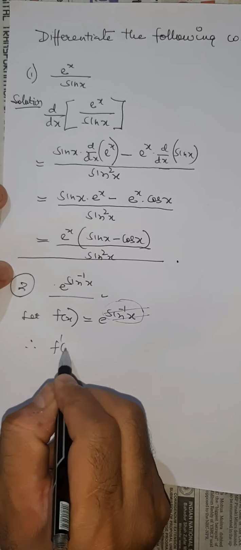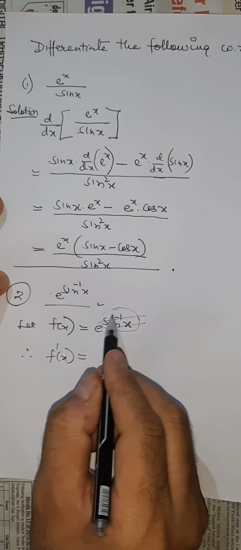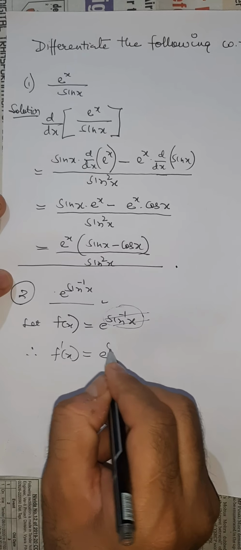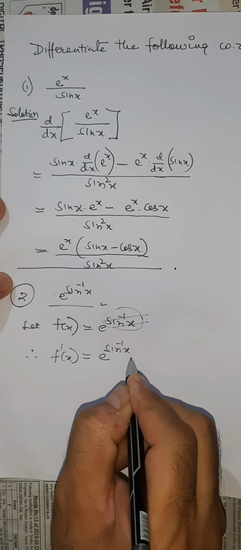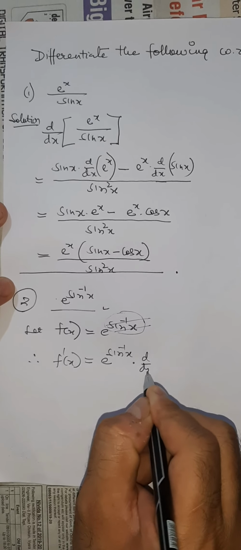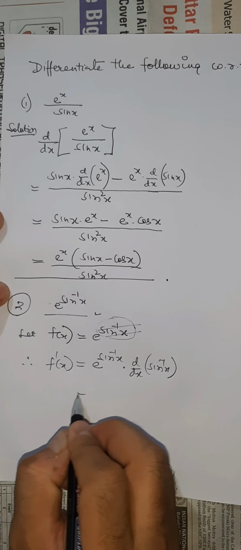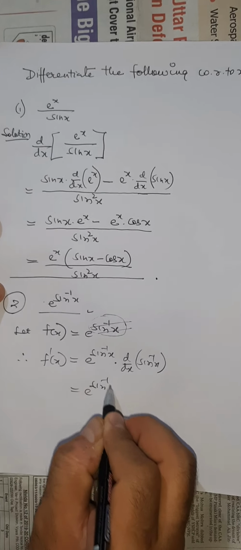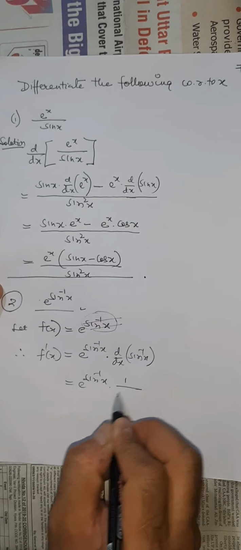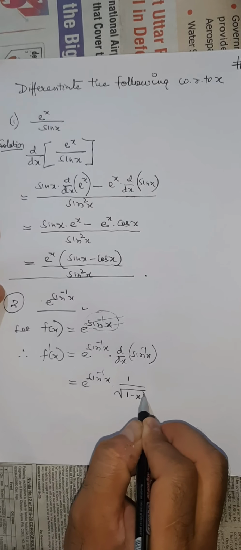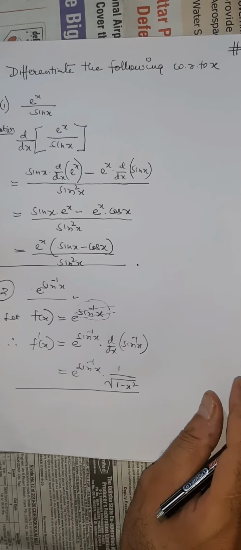So f dash x equals to, if this is x, what's the derivative of e raised to x? E raised to x into, by chain rule, d by dx of sine inverse x. So we get here e raised to sine inverse x into 1 upon root of 1 minus x squared. So this is the answer.